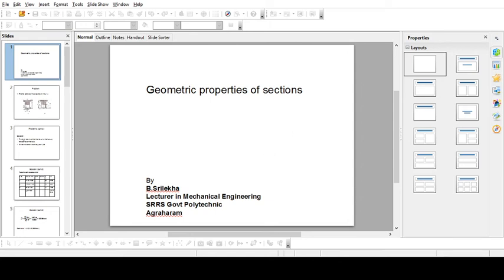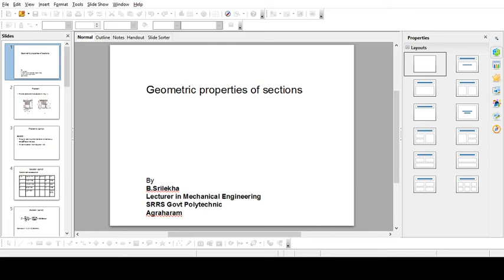We know that the first step is to divide the given area into definite standard sections. So now we are dividing this into three standard sections. The trapezium is divided into two sections: one is a rectangle and the other is a right angled triangle.